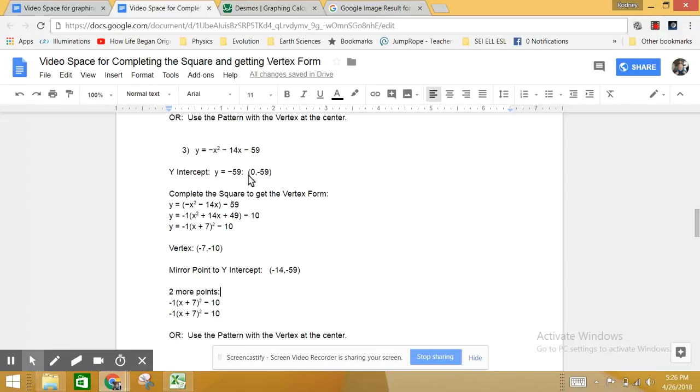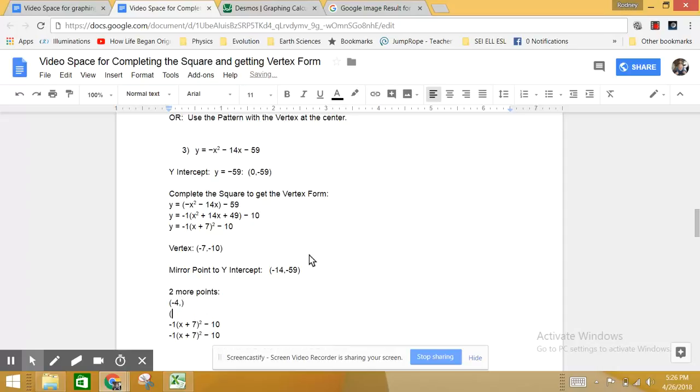So I'm negative 7 to 0, negative 7 to negative 14. Let's pick a number that's right in the middle of all of that. So halfway from negative 7 to 0 would be negative 3.5, but I don't like that because it's got decimals. So I'm going to choose a different x value. We'll choose negative 4.